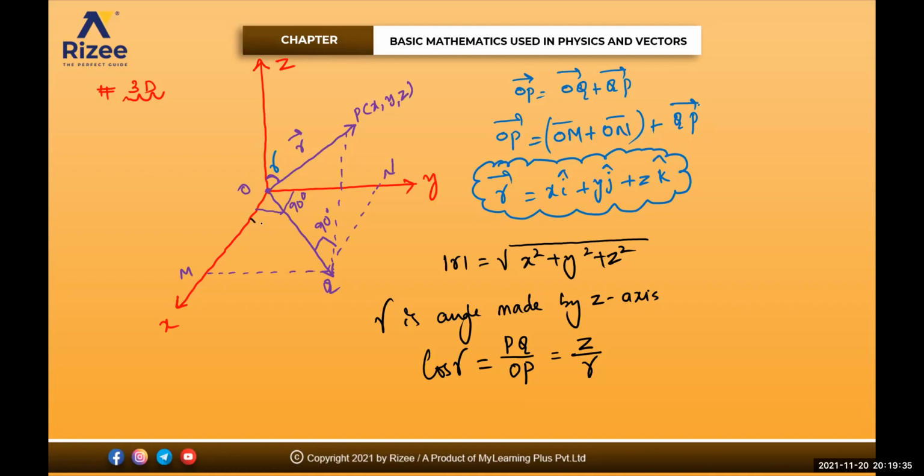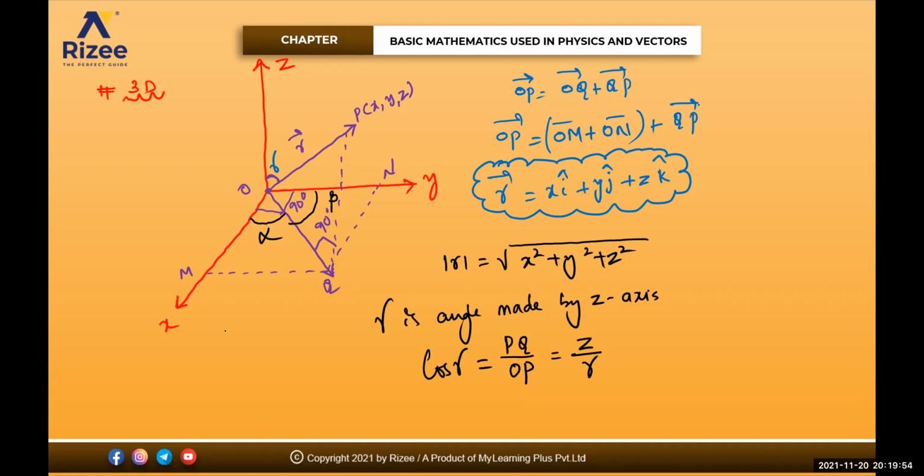This one is the angle made by your x-axis, alpha. If I'm saying that beta is the angle made with your y-axis. So cos gamma will be equal to Z by R. Make sure in all the angles R will be common. What is R, beta? Magnitude.